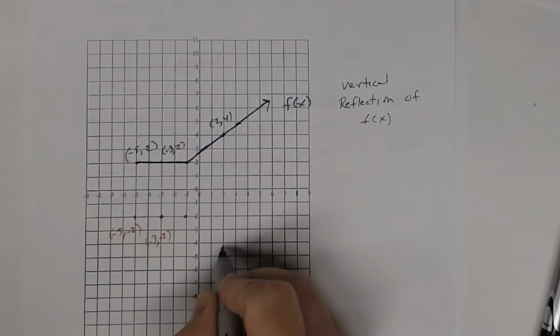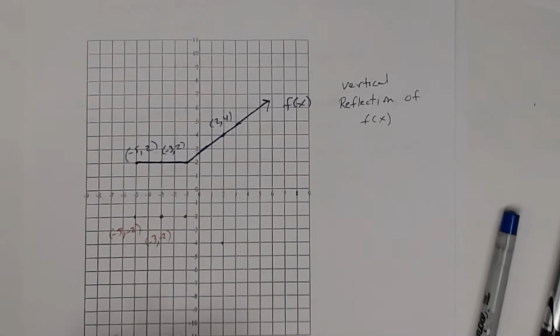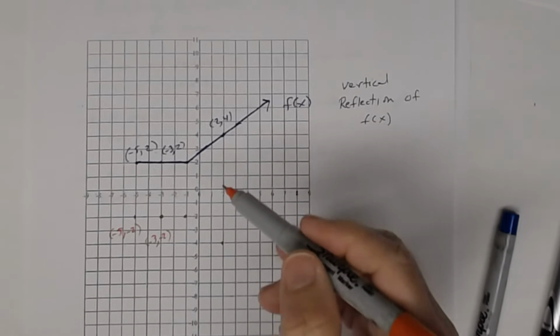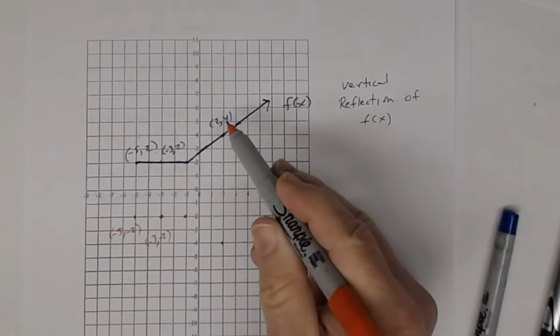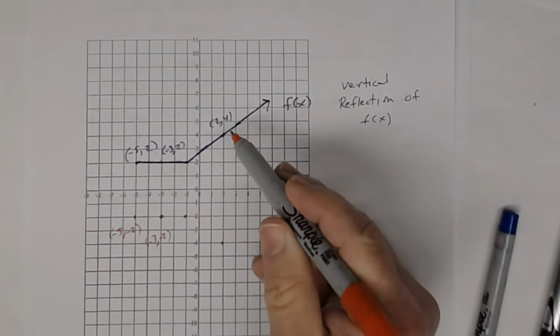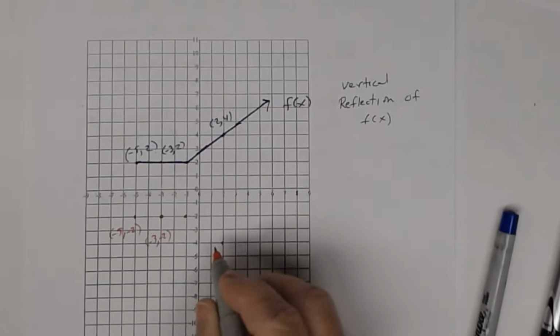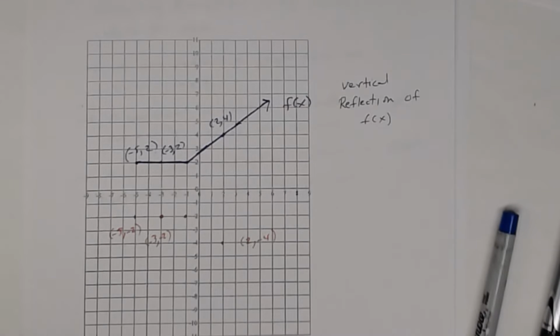Let me use an orange color. So that'll be 2, negative 4. That's the idea of reflection about the x-axis. When you reflect something about the x-axis, the x-coordinate stays the same, and the y-coordinates are opposites. 4, negative 4. So this becomes the point right here, 2 comma negative 4, and so on.